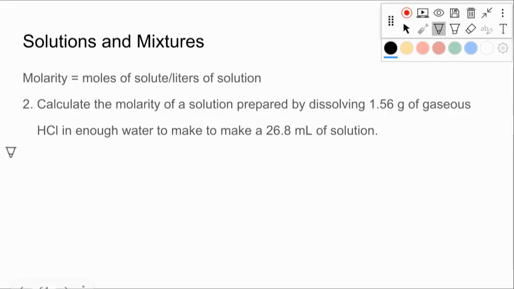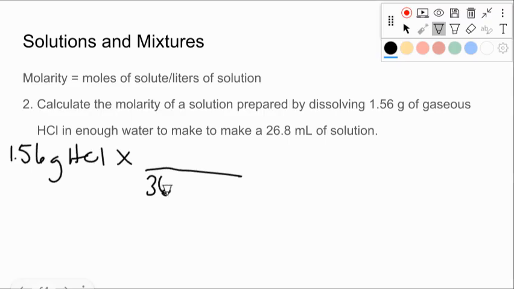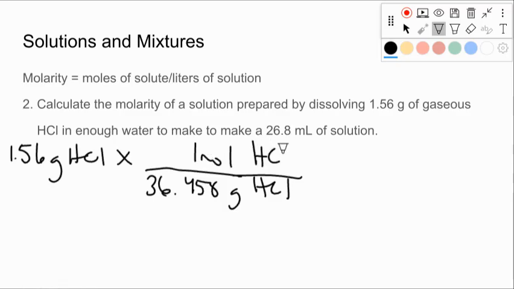So I'm going to start with my gram to mole conversion, so 1.56 grams of HCl times, I'm going to do the mass of 1 hydrogen, which is 1.008, plus 1 chlorine, which is 35.45, and that gives me 36.458 grams of HCl to 1 mole of HCl.